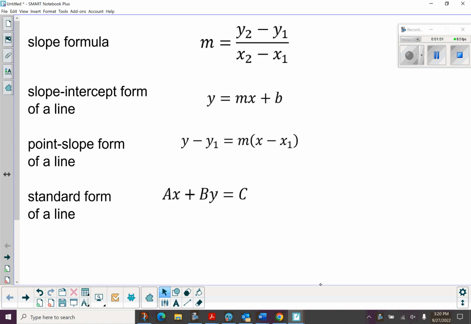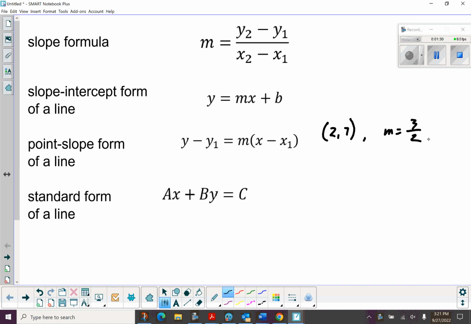What about the third one down here? The point slope form of a line. For example, if somehow you were given a line goes to the point 2, 7, and it has a slope of 3/2.